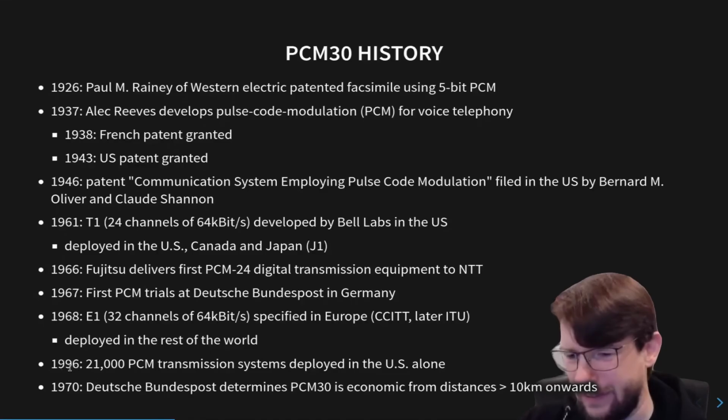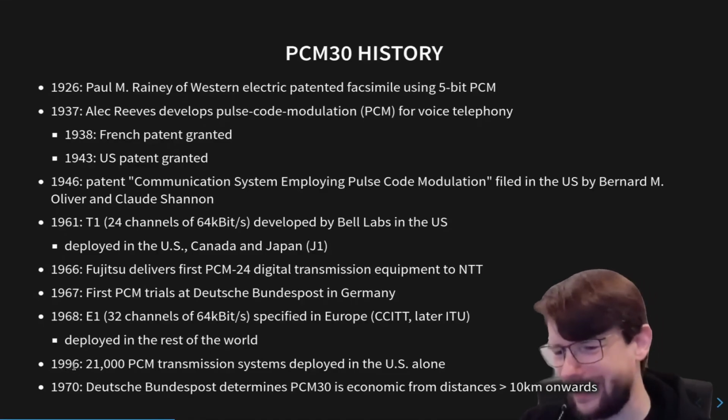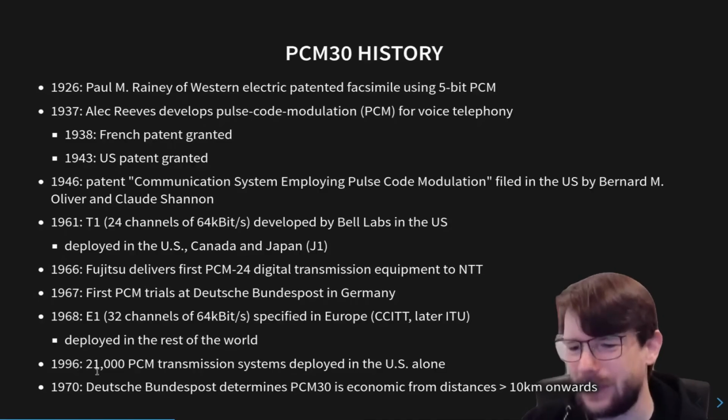Actually, that's a typo: 1969 is supposed to be there, not 96. So in 1969, there were already 21,000 PCM transmission systems deployed in the US. I didn't quickly find statistics for other countries, but it's massive growth if you think it was developed in 1961 and, in 69, 8 years later, you have already 20,000 such transmission systems deployed.